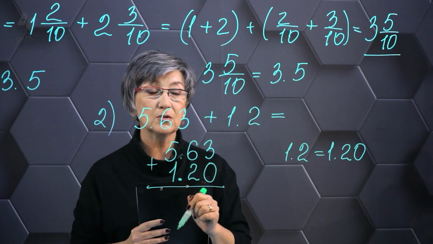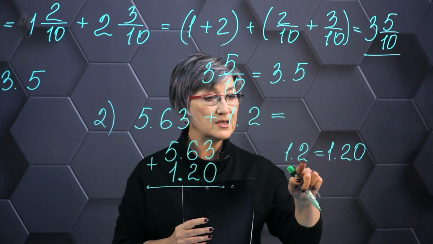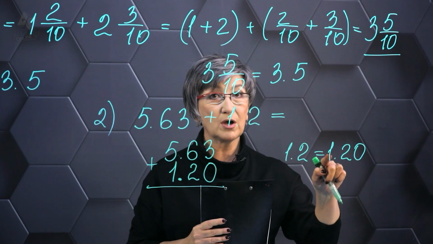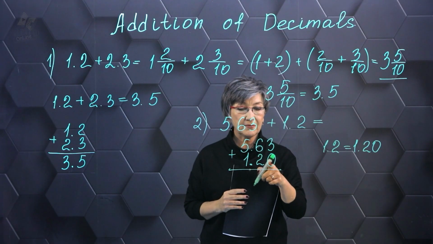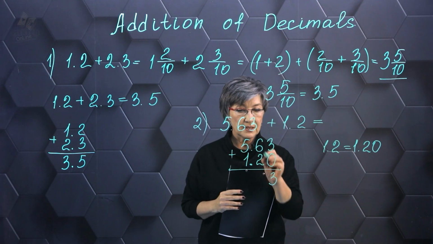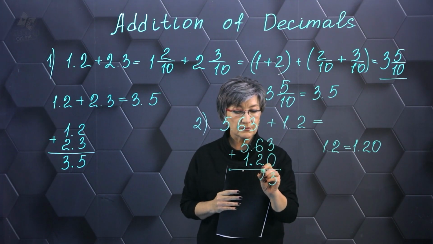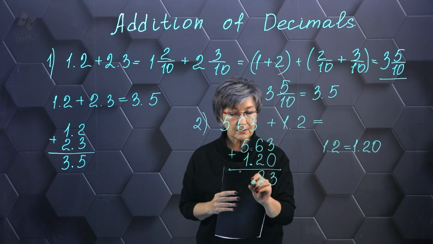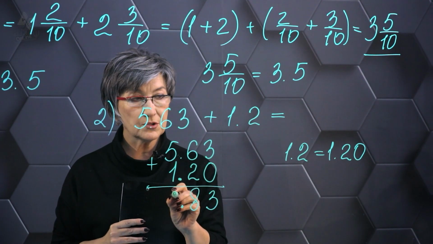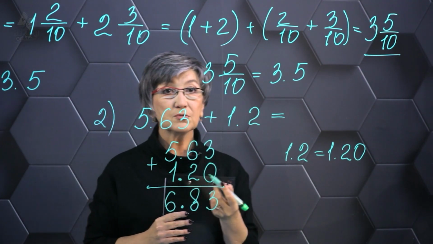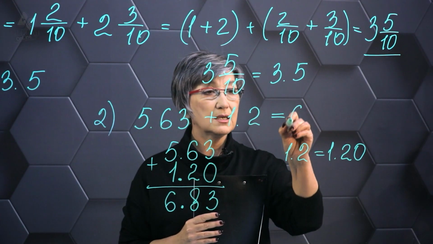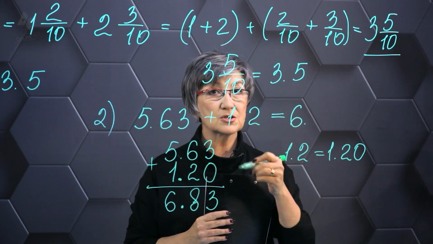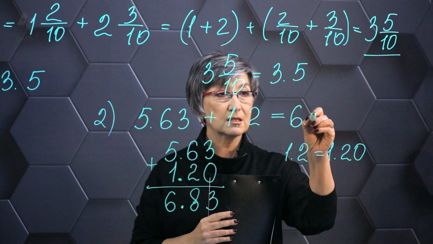So I put a 0 in there because 1.2 tenths is the same as 1.20 hundredths. So I add 0 to 3, that's 3. Adding together 6 and 2 equals 8. A point, 5 plus 1 is 6. The result is a fraction of 6.83 hundredths. I'm going to write down the result of our addition, which is 6.83 hundredths.